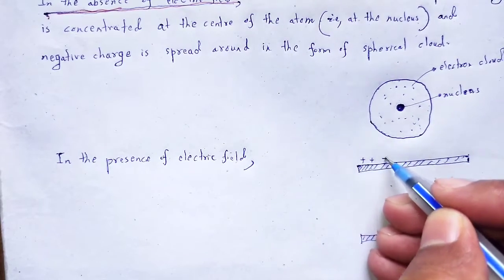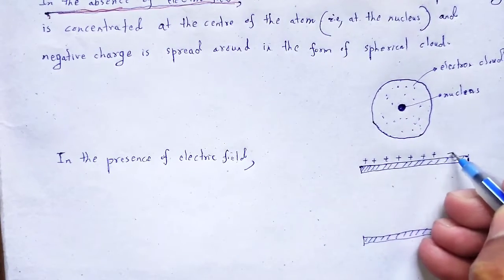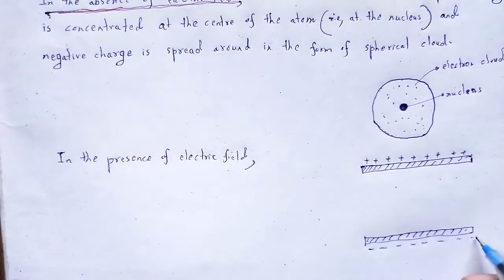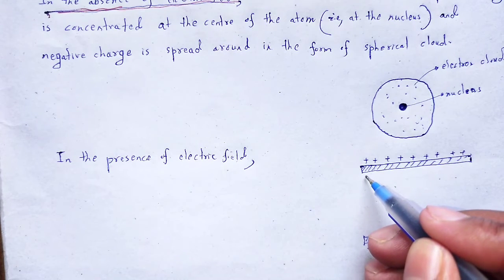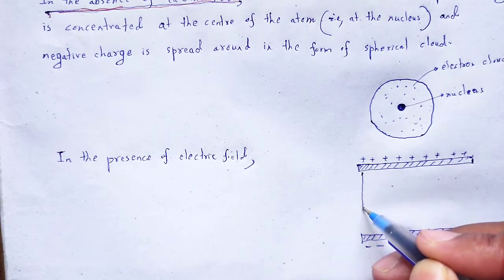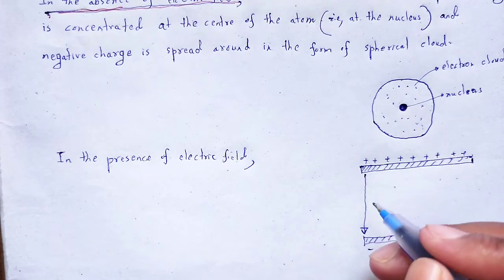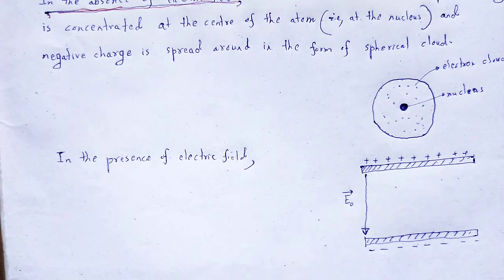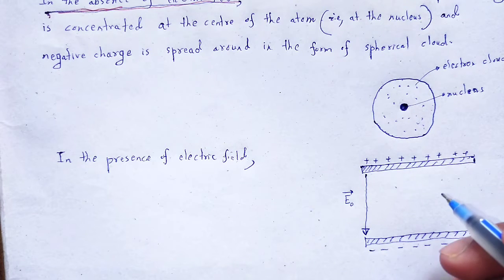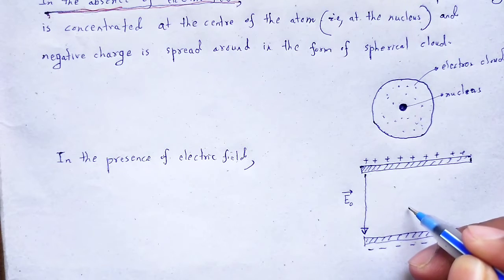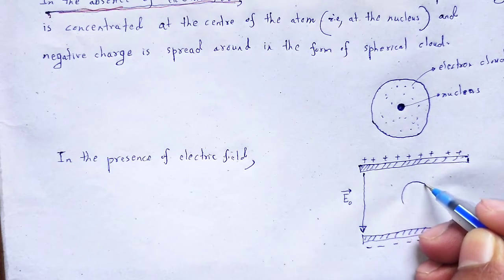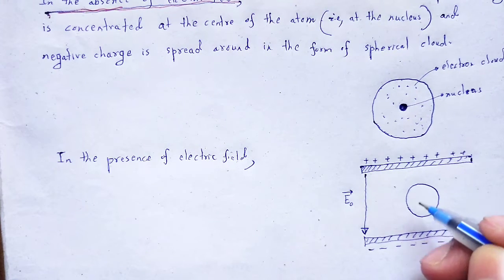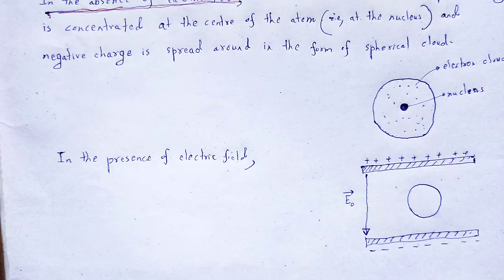One plate is positively charged, another plate is negatively charged. The direction of the electric field is from positive to negative, and it has the strength E naught, and an atom is present in between, in that external electric field of strength E naught.